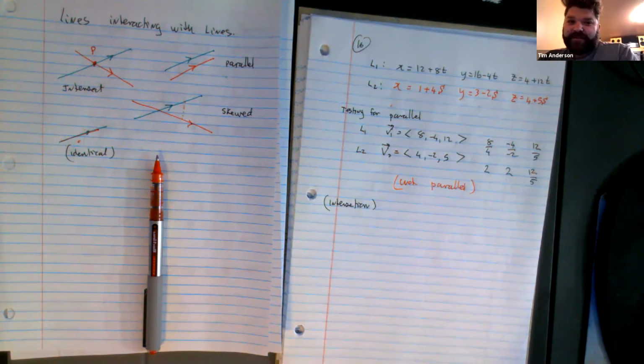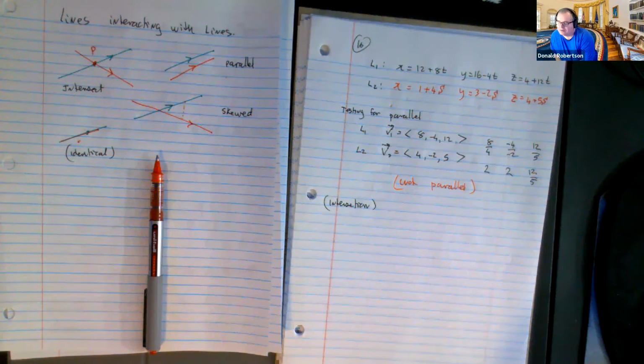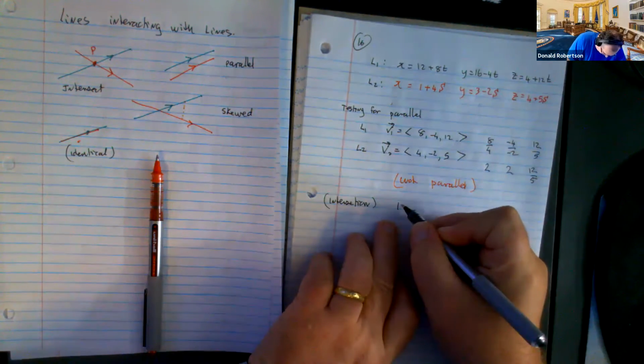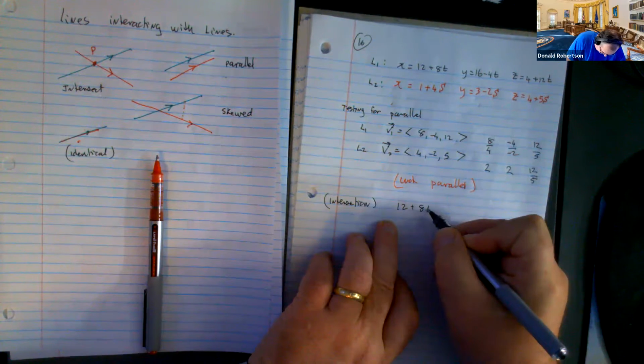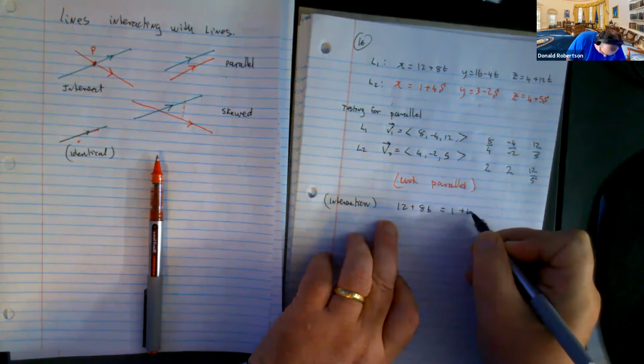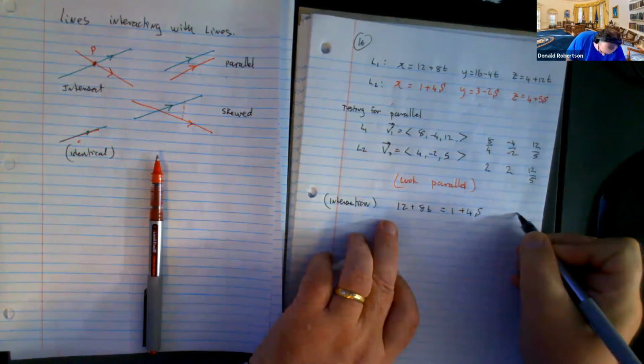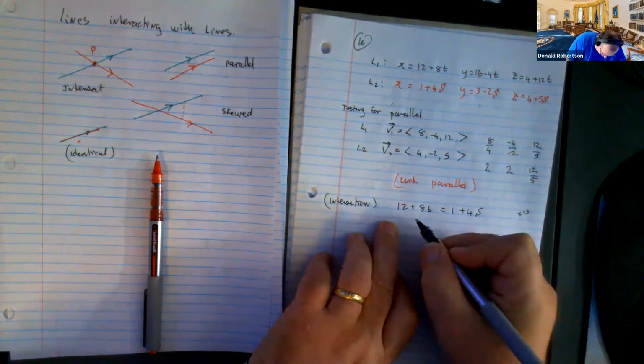Set them equal to each other on a part per part basis. Nailed it, exactly. But what we're going to do is only match the x's. So that's this guy is equal to that fella. That's the x's, right? Match the y's.